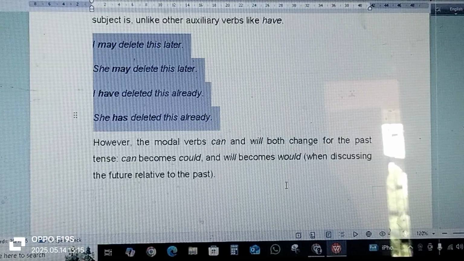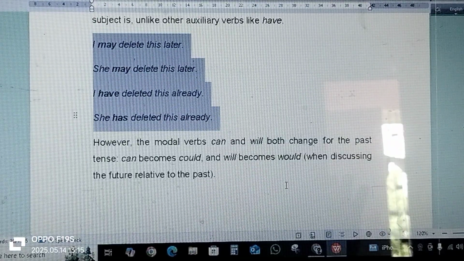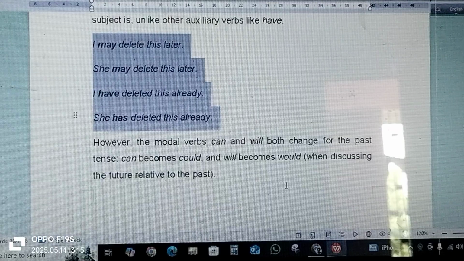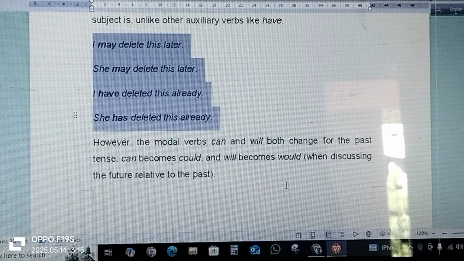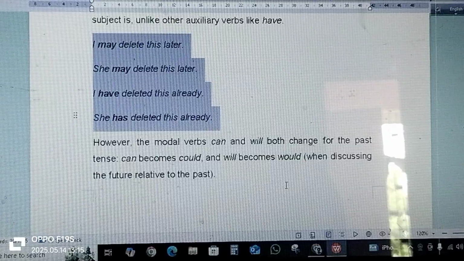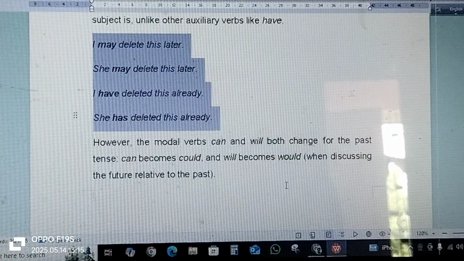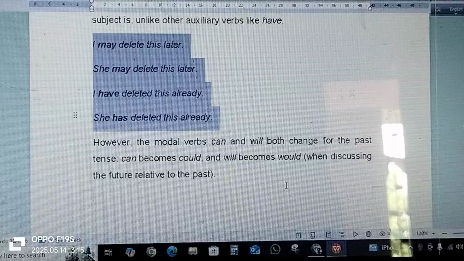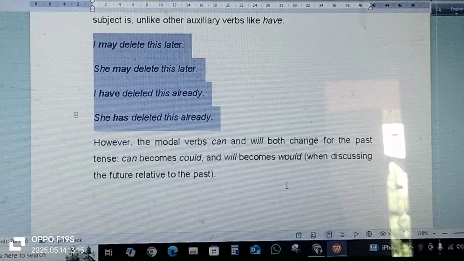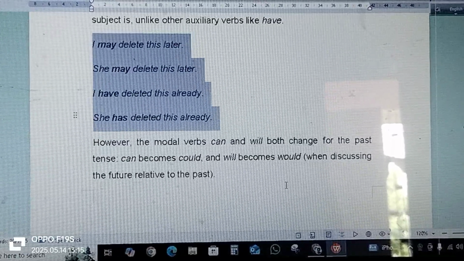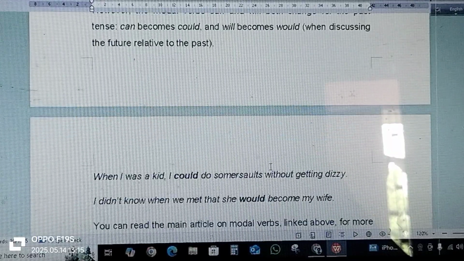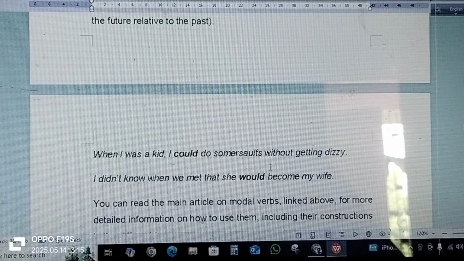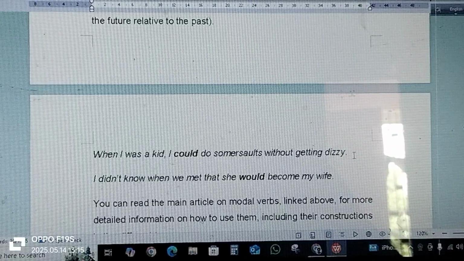If the future is discussed relative to the past, then the modal can be changed to its past form: can becomes could, will becomes would, shall becomes should, may becomes might. You can find this in the list of verb forms.